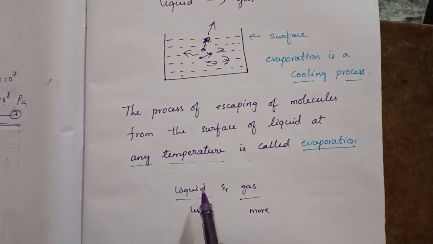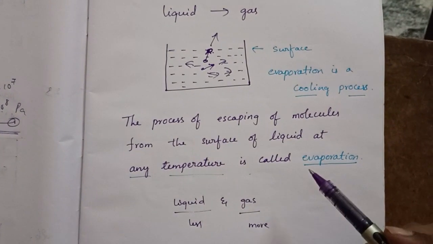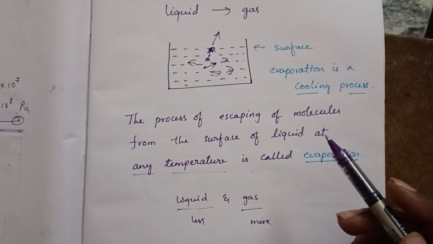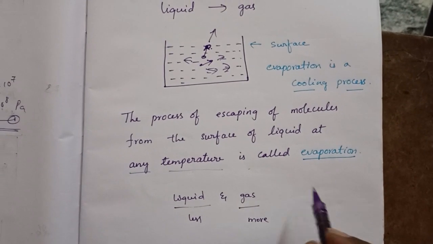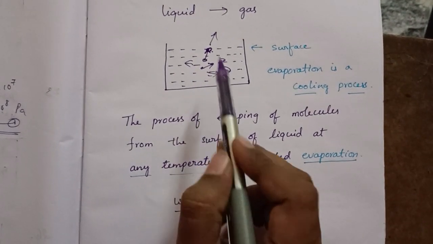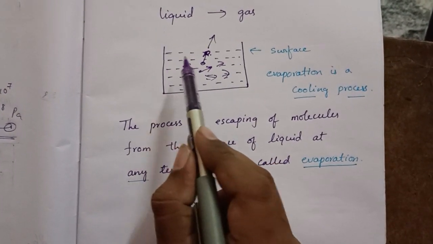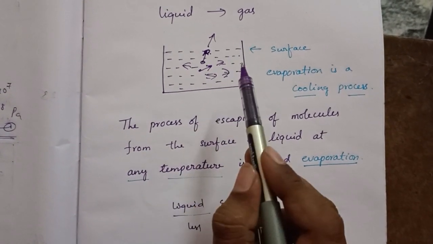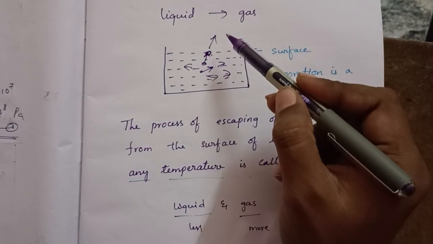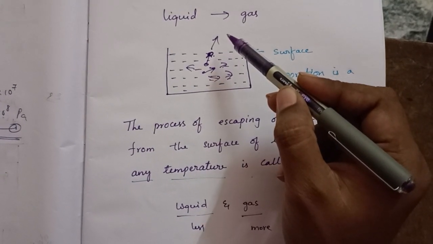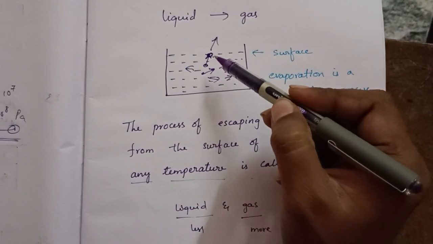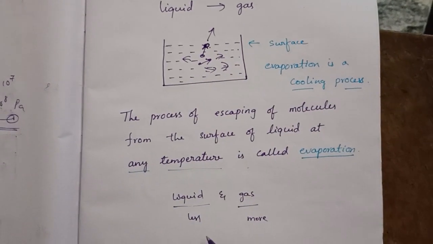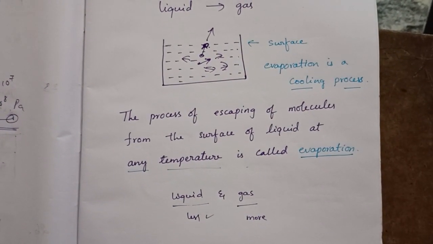Now, whenever evaporation takes place, before evaporation it is in the state of liquid. During conversion of liquid to gas, initially when it is in the state of liquid, it has less heat energy.